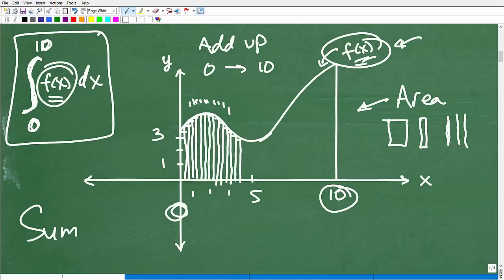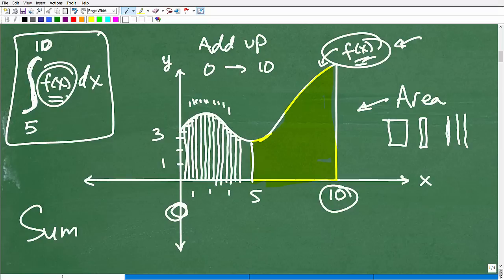So, for example, if I wanted to find the area between 5 and 10, this area right here that I highlighted, I would just write this differently. I would put a 5 right here and a 10 right there, and there you go.